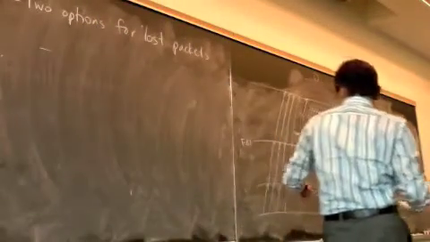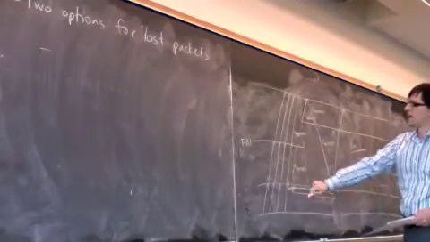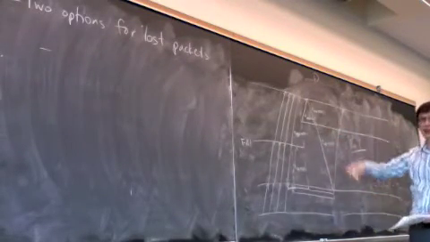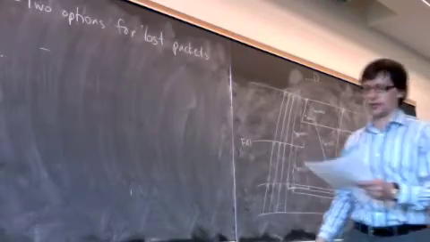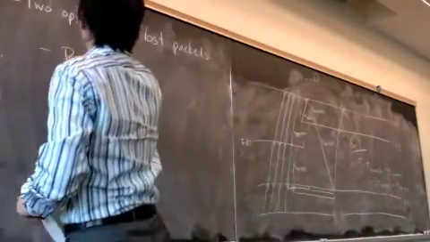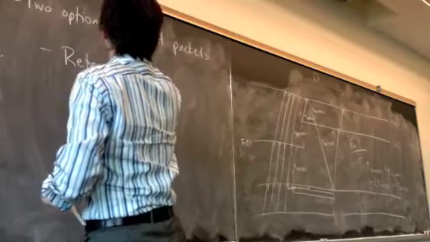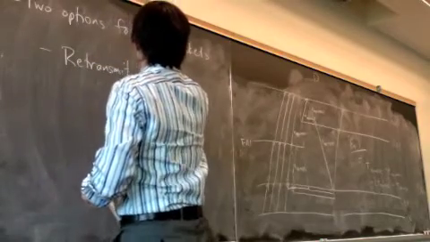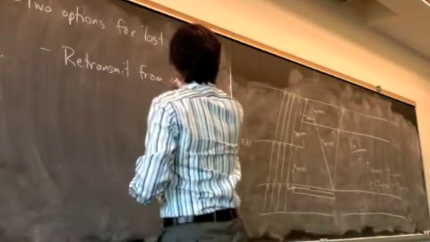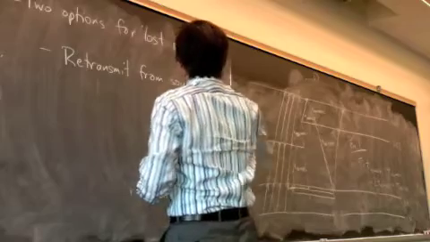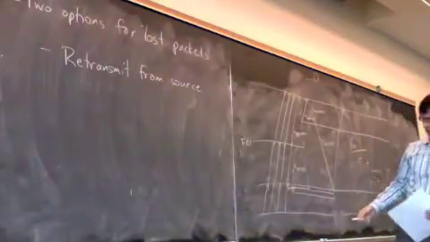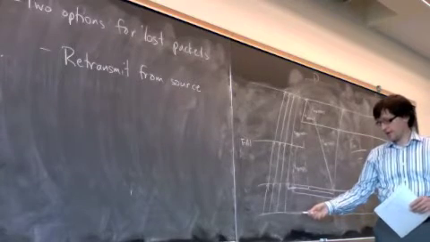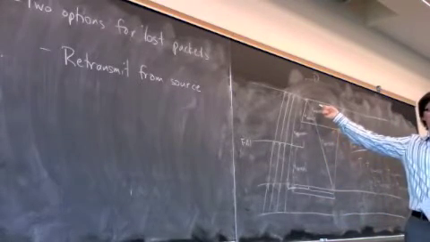so these packets get to the home agent, they attempt to travel to the other end and are simply dropped. So what we can do is we can retransmit them from the source. So in other words, there's an end-to-end connection from the corresponding node all the way to the mobile node.